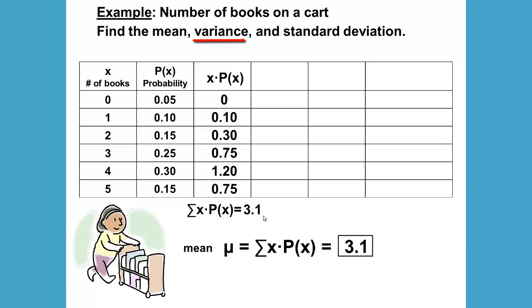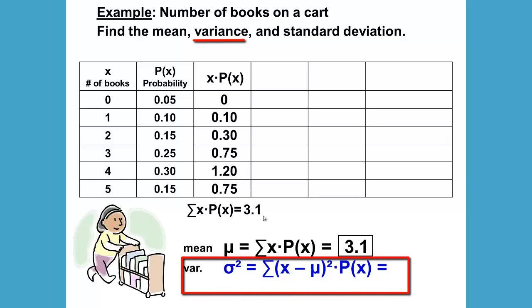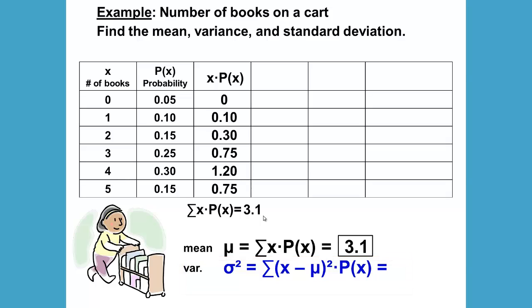The next part of the question asks for the variance. So I will remind you of the formula for the variance here at the bottom of the screen. It is a more complicated formula, and I could read it out here, but instead, let's break it down into its 4 steps that follow the order of operations.